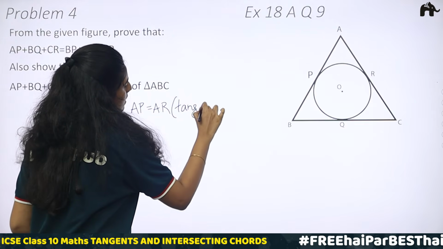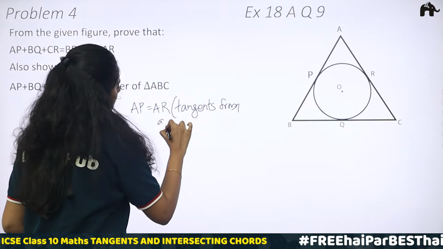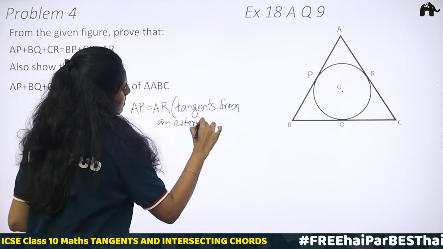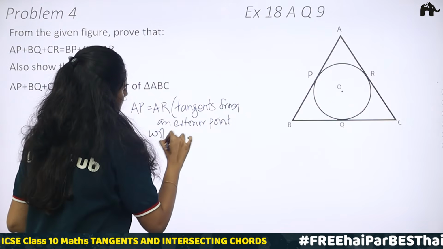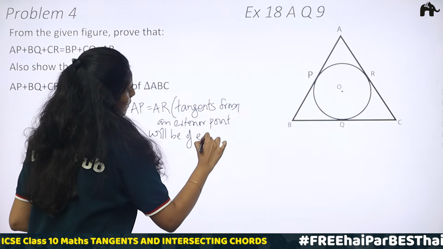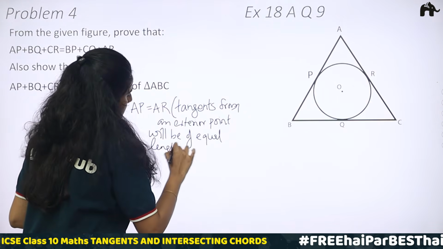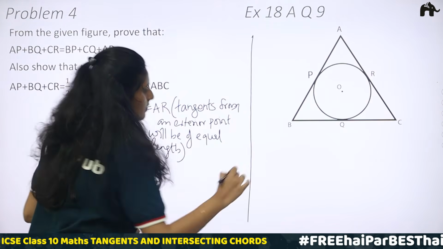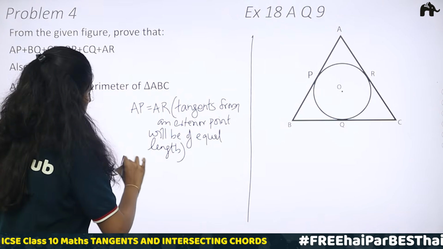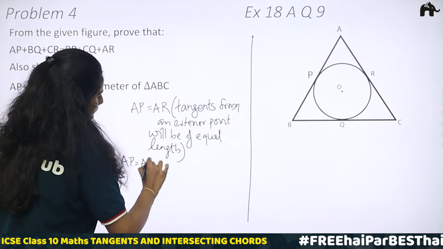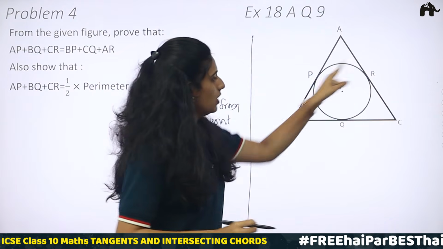Tangents from an exterior point will be of equal length. So, we got AP is equal to AR. Okay, take this as 1.